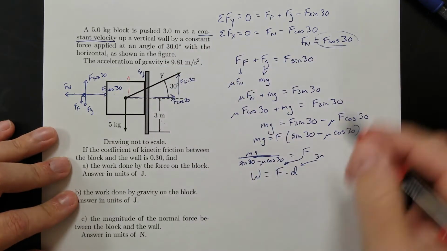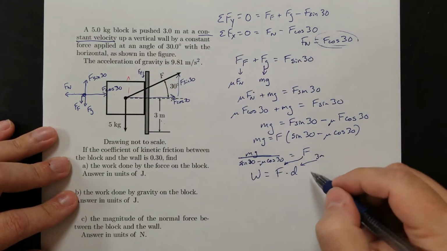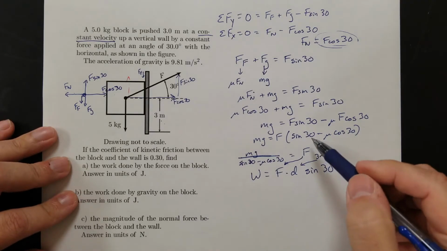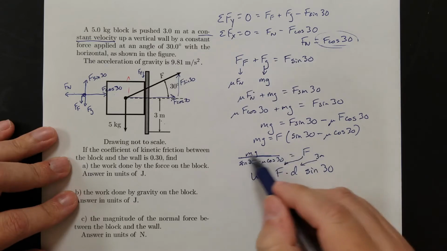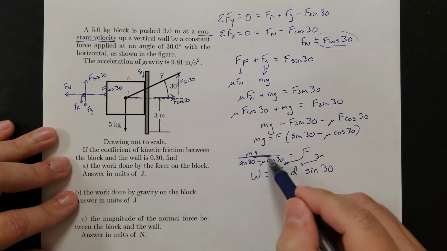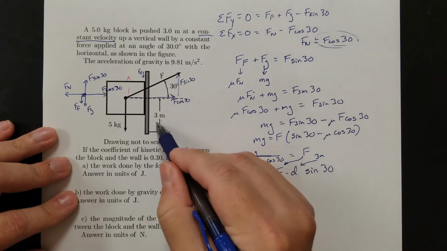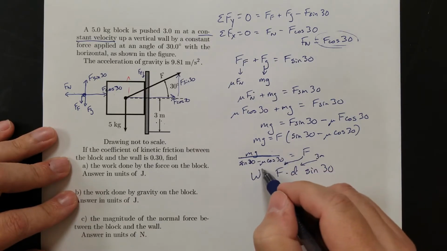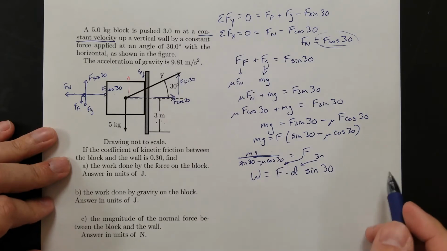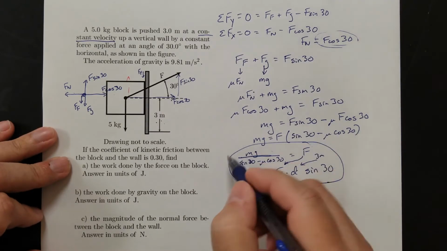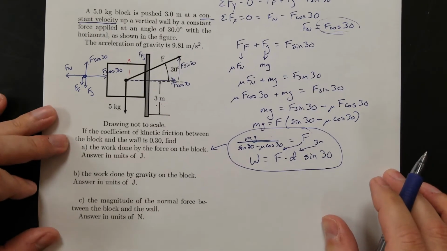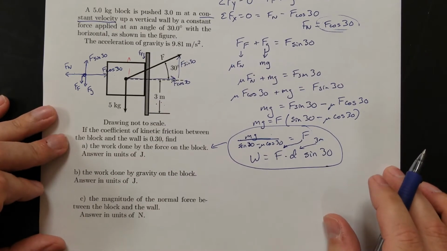So that's the sine component. So I need to also do this times sine 30. If I solve this for F, plug in my distance, and multiply by the sine of my angle, that'll give me the work done by the force. So I need all of this to get the work, and then the rest of this is fairly easy.